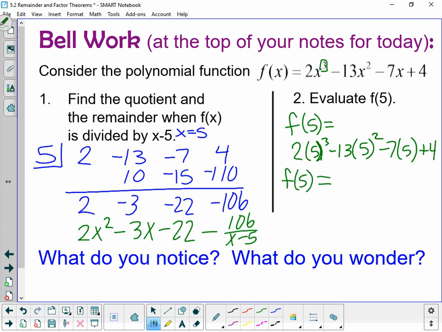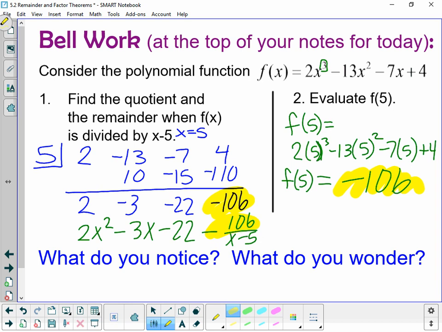So when we evaluate that, and we use our calculator to evaluate that, we get -106. That's weird. The remainder is the same as the answer that we got when we substituted the root 5 into the equation.